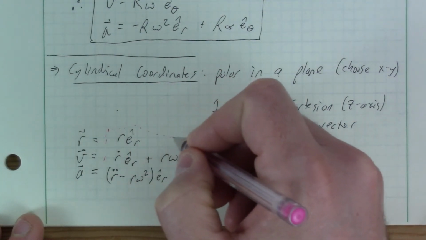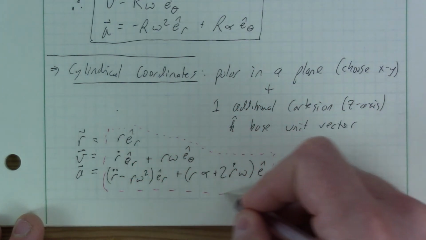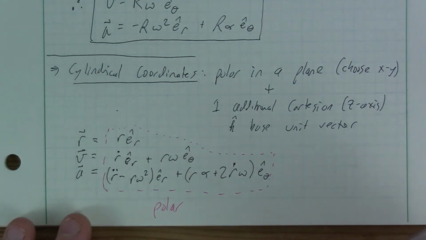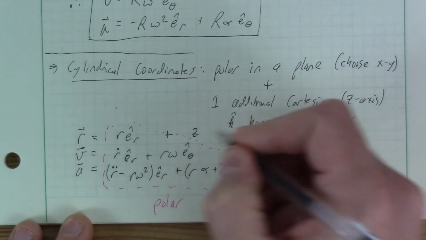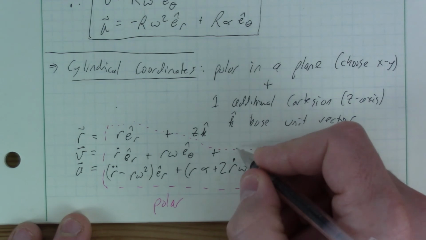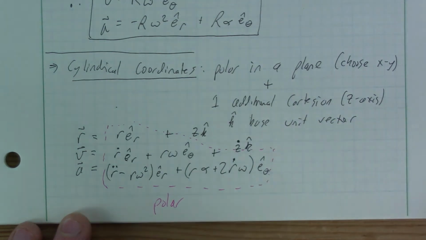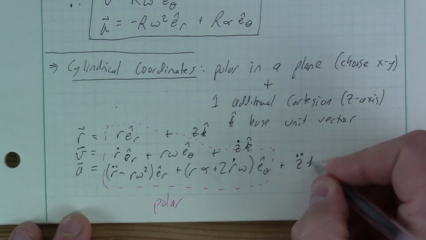I'm just going to do this really lightly. This is polar coordinates. Now we add on the z coordinate in the k hat direction, plus z dot k hat, plus z double dot k hat.